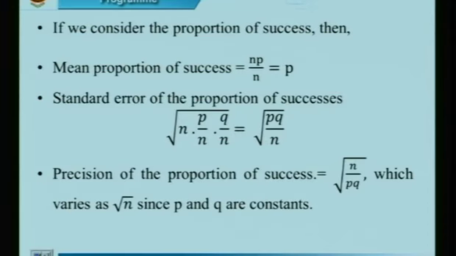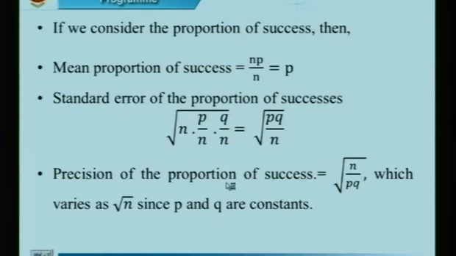Now, in terms of proportions, if we consider the proportion of success, the mean proportion will be n into p divided by n, the n cancels, resulting in p. The standard error of the proportion of success is given by, in place of root of npq, the second constant of binomial distribution, dividing each by n, that is p divided by n and q divided by n, one n cancels, and as a result you get the square root of pq divided by n.